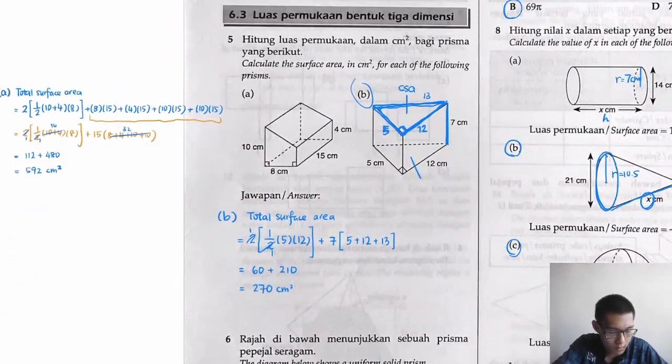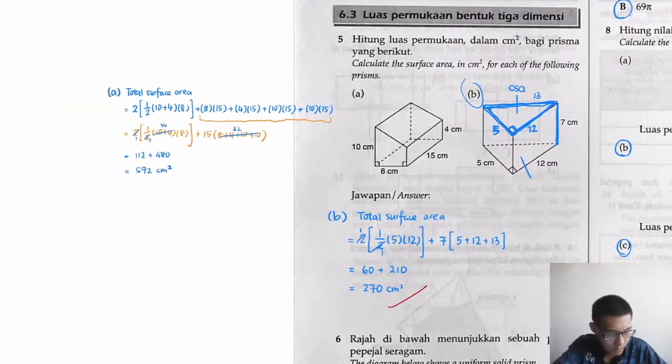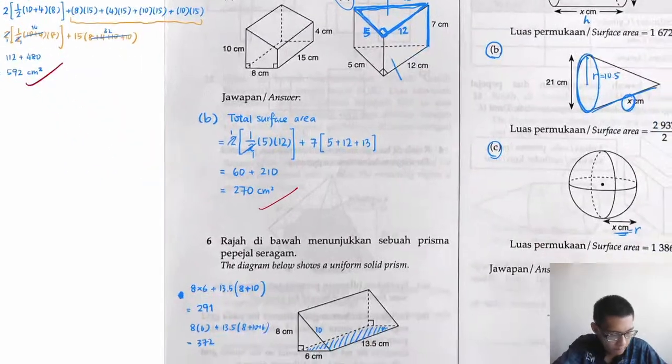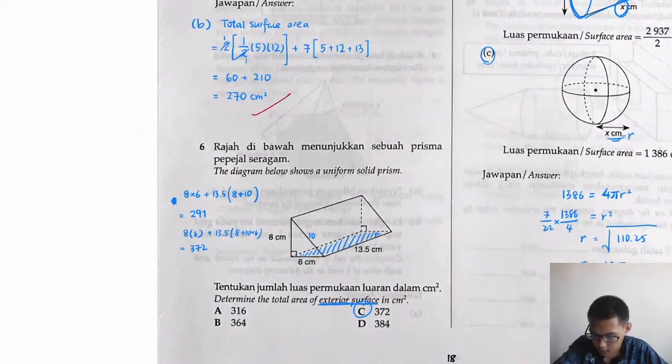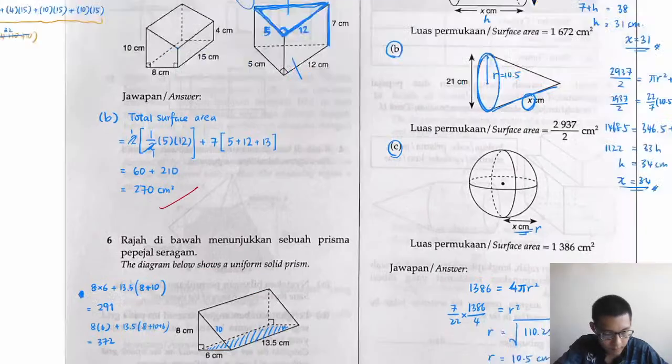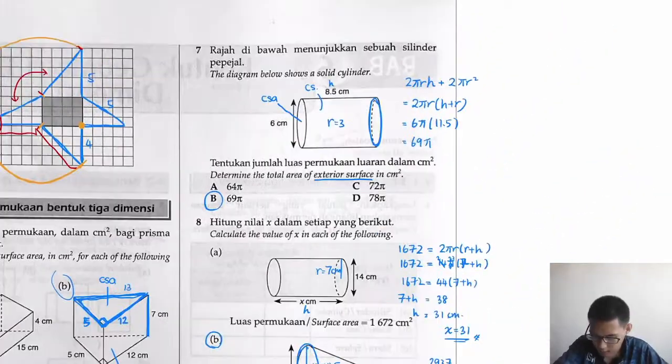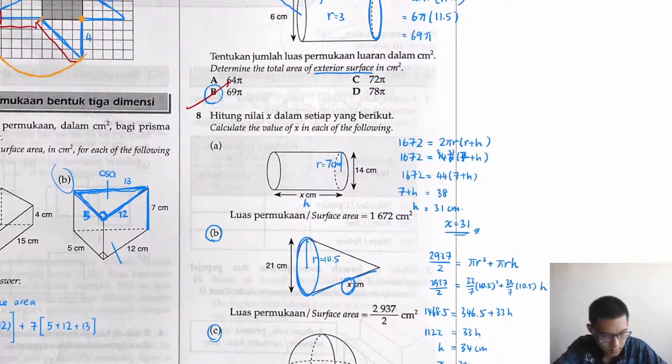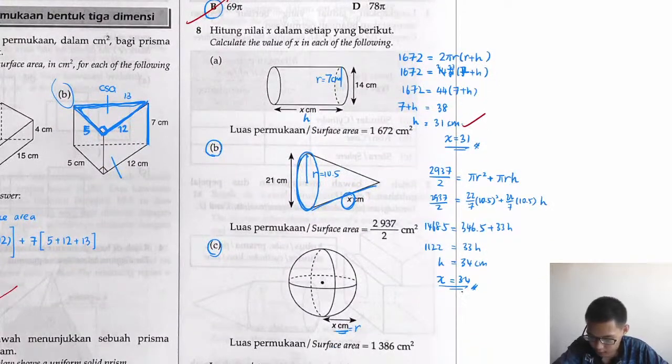And then this one 270 here correct. 592 correct. Number 6 C correct. Number 7 69, answer B correct. Number 8 is 31 correct. Number 9 34 correct.